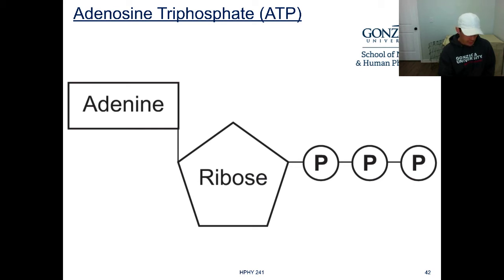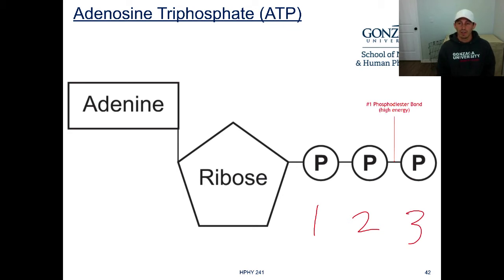The bond between those two phosphate groups is what we call the phosphodiester bond, really high energy. We've got one bond there, and a second phosphodiester bond between these two phosphates. However, I want to point out that this is not a phosphodiester bond because it's not between two phosphates, it's between a phosphate and carbon. So this is not the same as this bond here and this bond here.